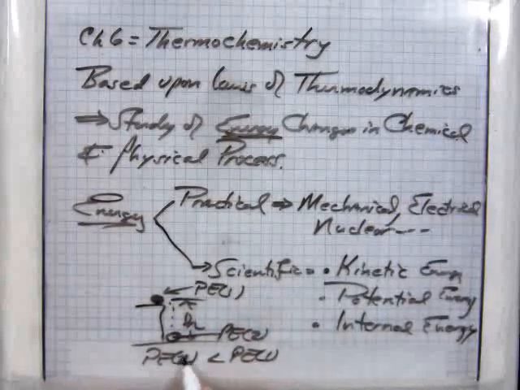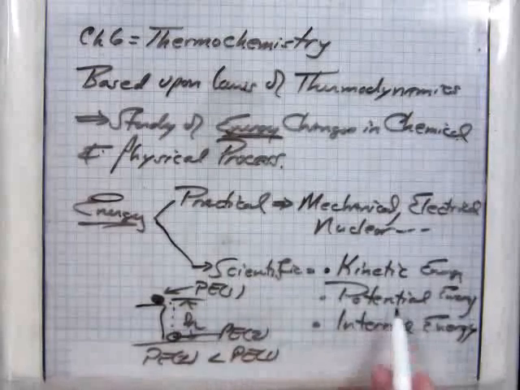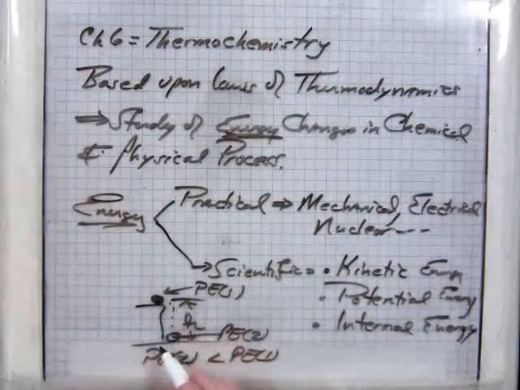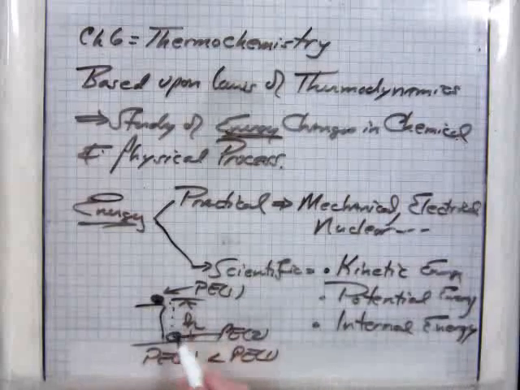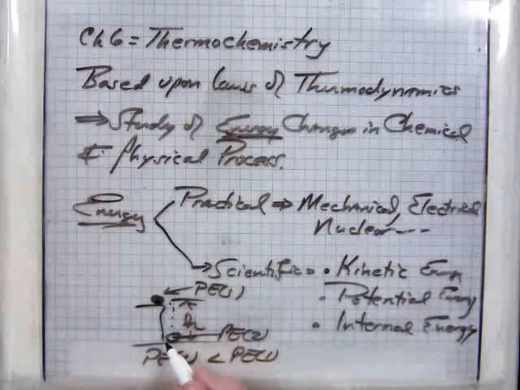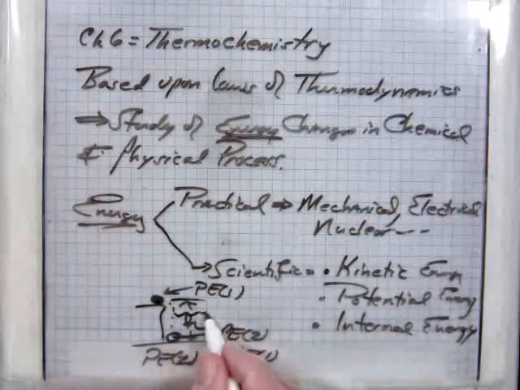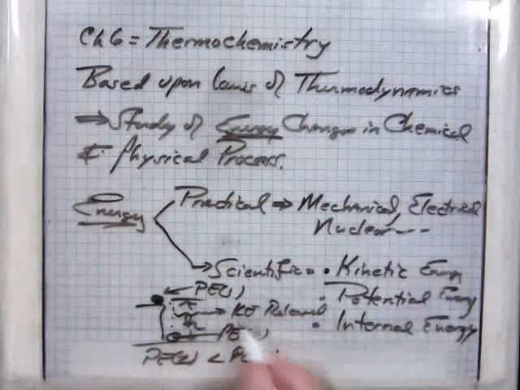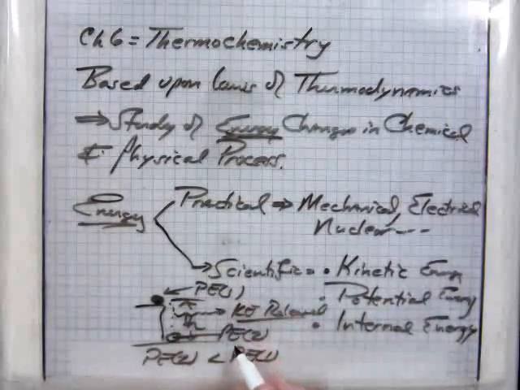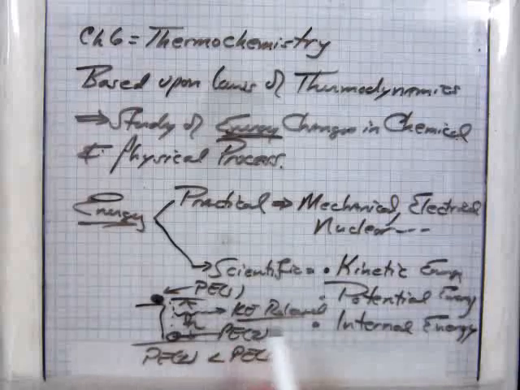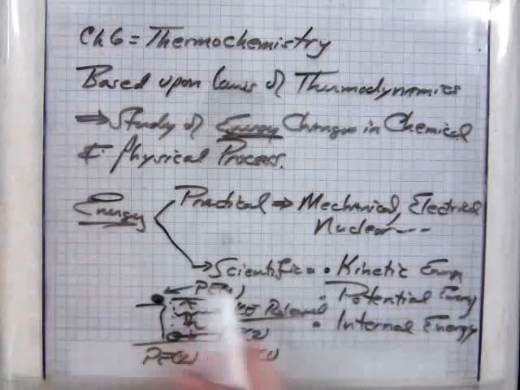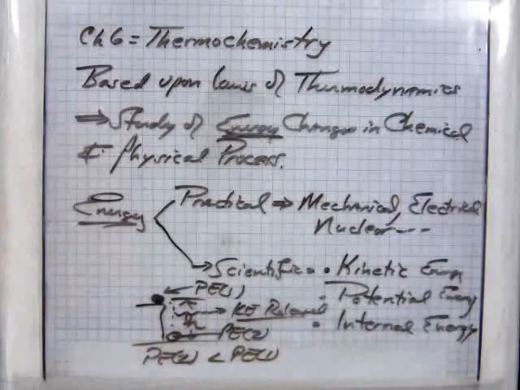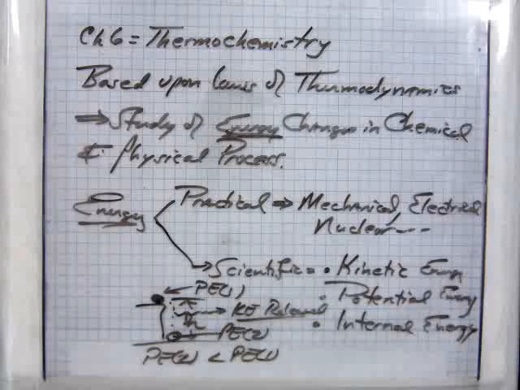Now, one element that connects potential energy and kinetic energy is that as the object falls from the start to the end, it gives off kinetic energy. So kinetic energy is released and you have a lower potential energy. So really, potential energy plus kinetic energy gives you total energy, and when it falls down here, it loses some of the kinetic energy, and its total energy is less. That's just a scientific explanation of what's going on.